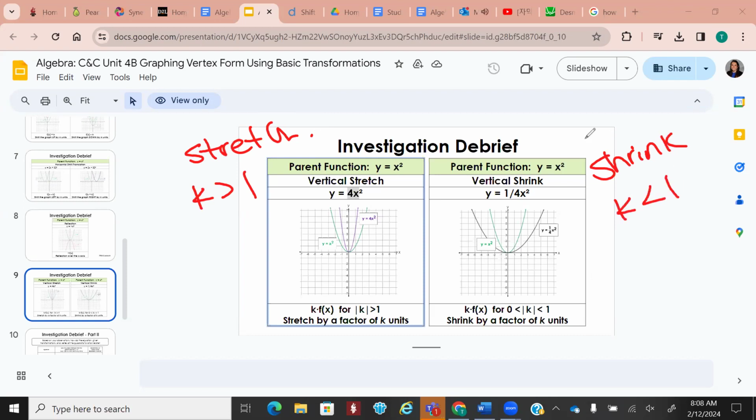Other words that you might see is a compression for shrink. So compression means to shrink. Questions on that?